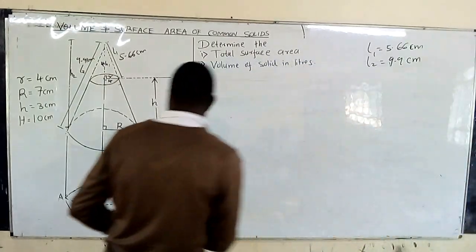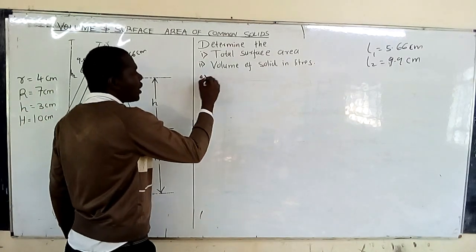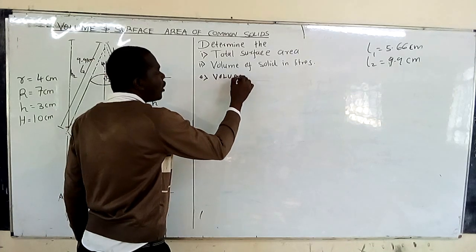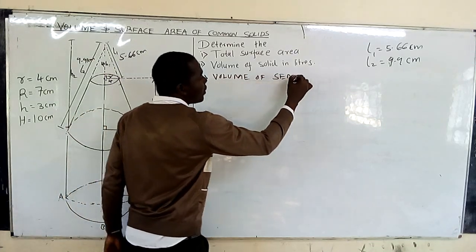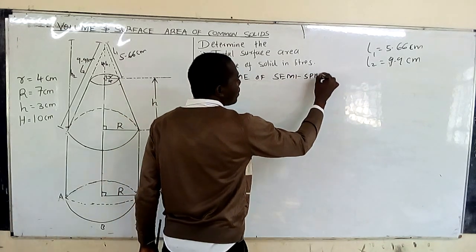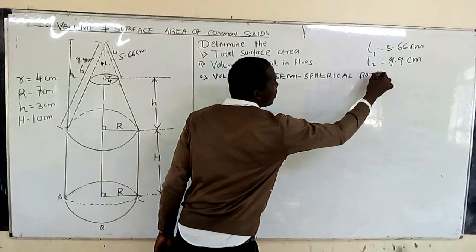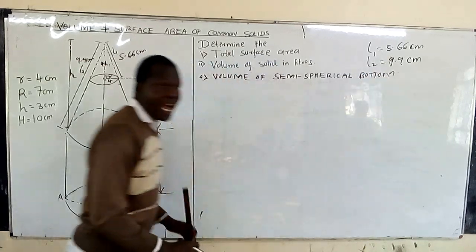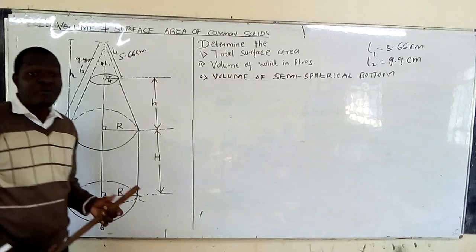The first one is the volume of the semispherical bottom, isn't it? So here we are looking for the volume of the semispherical bottom. Now, this is a semisphere, isn't it? So you start by the volume of a sphere.